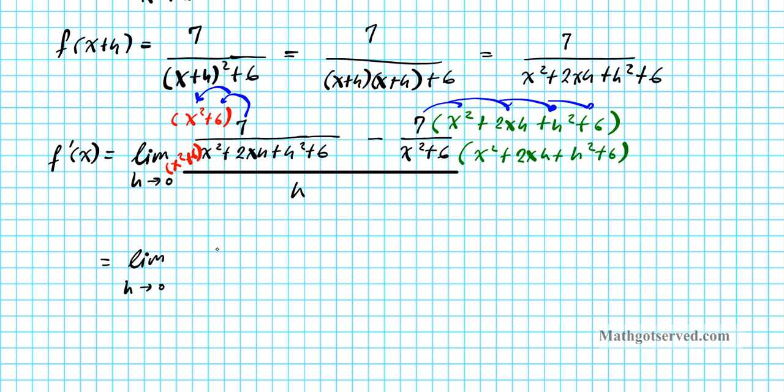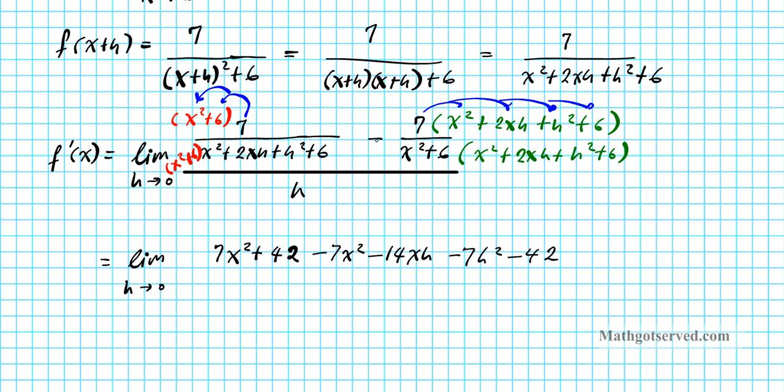Now if I distribute that, I'm going to have 7x squared plus 42. Now let's do this distribution here. Minus 7x squared minus 14xh minus 7h squared minus 42. Okay, that's what you get in the numerator.